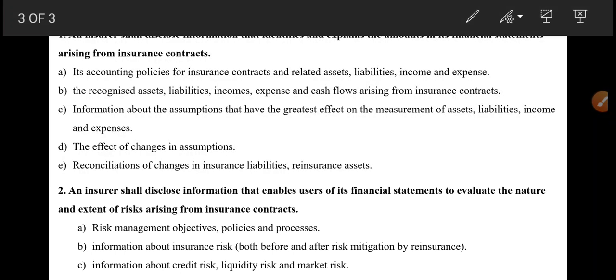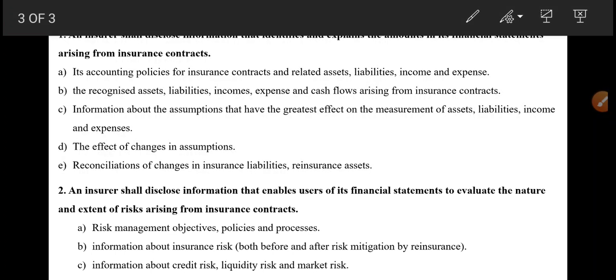So while preparing the financial statements of insurance companies, what all risks will arise? In order to evaluate that risk, as well as to know the nature of risk, that has to be disclosed to the interested parties.